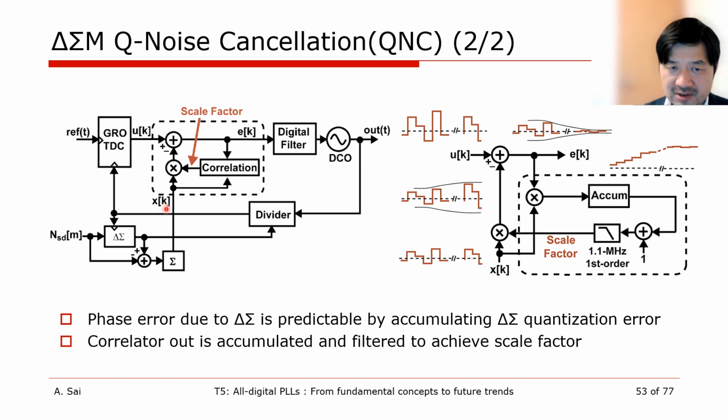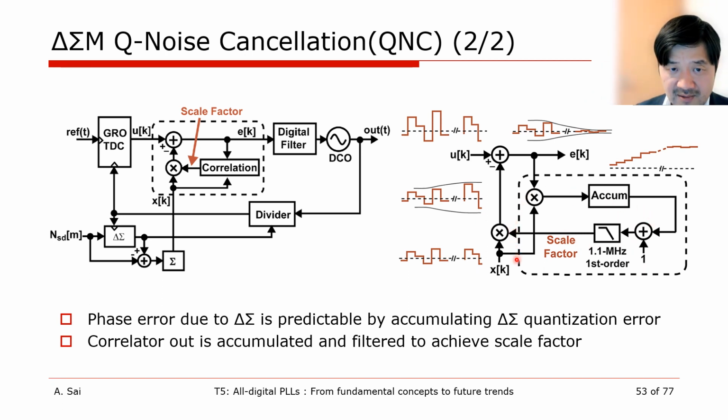So proper scaling of the XK must be performed before subtracting it from the UK, and the scale factor is determined by a correlation circuit composed of a digital multiplier, an accumulator and a first-order IIR filter. It's composed of a feedback loop.